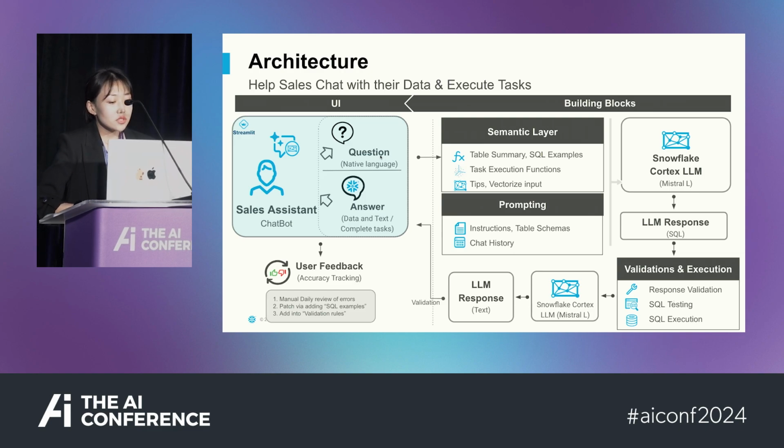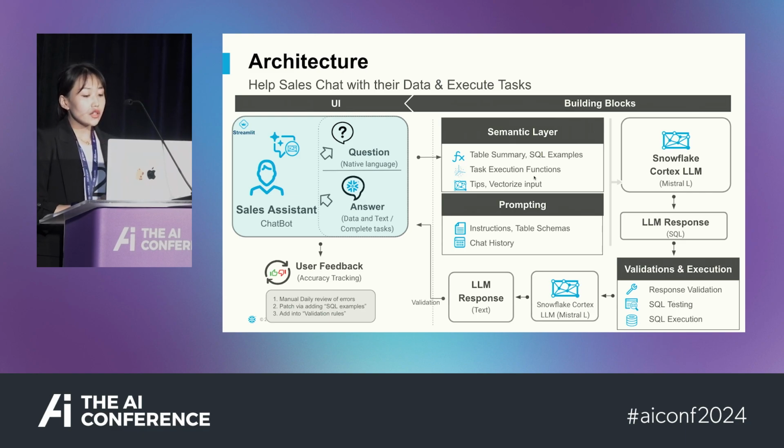And once the user asks something, the assistant will go to the semantic layer and search for the most relevant information. So it can be the top tables that are related to the question or some accurate, correct text-to-SQL examples.